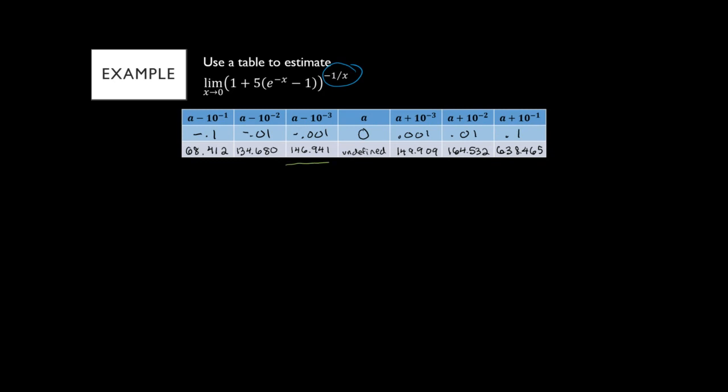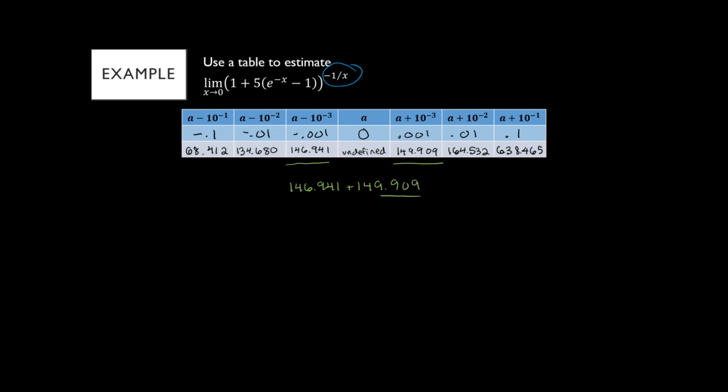So it doesn't really look obvious what number might be in between 146.941 and 149.909. So let's average these values to approximate the limit.